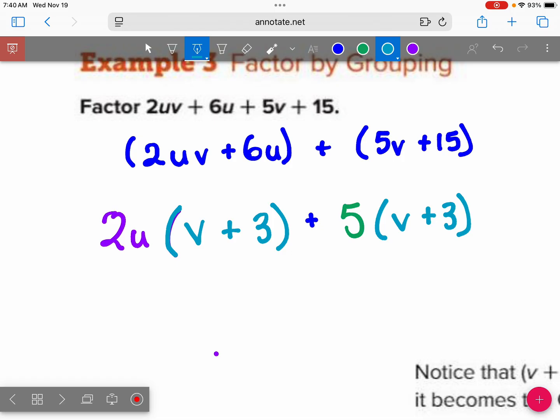So what I see is that I have the same exact term, and this only happens if this were this same exact term right here, my v plus 3. I'm going to treat this as a new GCF so that I can take this out. So how we took our 2u out here and it went in front and made new parentheses, I'm going to take this v plus 3 out as its own GCF. So I'm going to write that guy first, v plus 3.